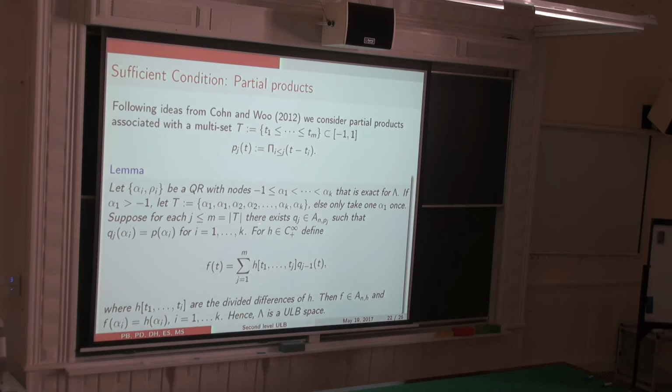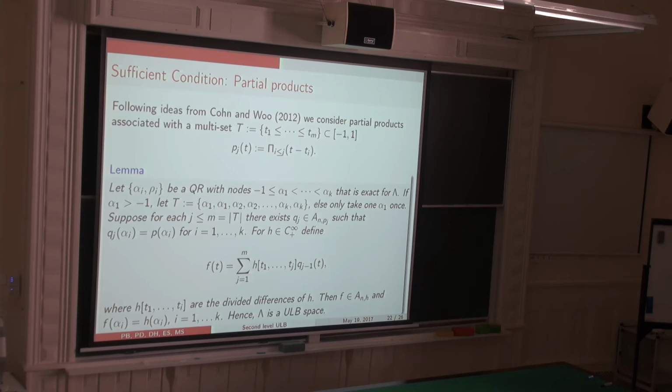For that, we want to somehow factor out the potential, because we are considering any kinds of potentials, and we are really interpolating at some nodes which come from the quadrature. We interpolate the potential, so our bound does depend on the potential. However, to verify the conditions, all we need to do is to look at special polynomials, and they are the interpolants in the new subspace of the partial products.